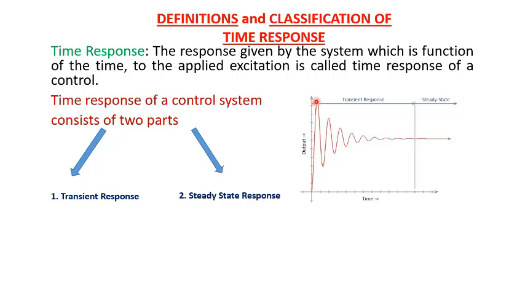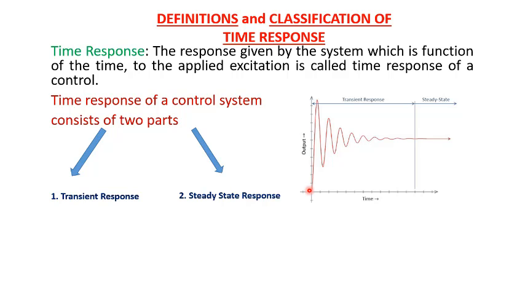Here we see the response is oscillatory in the beginning stage, and it is going to get damped and settled after a duration of time, and there is no change in output with change in time. Hence this period is called the steady state period, and before reaching the steady state, from the initial stage, this period is called the transient response. This is like the bouncing of a tennis ball on the ground or on a cricket pitch.